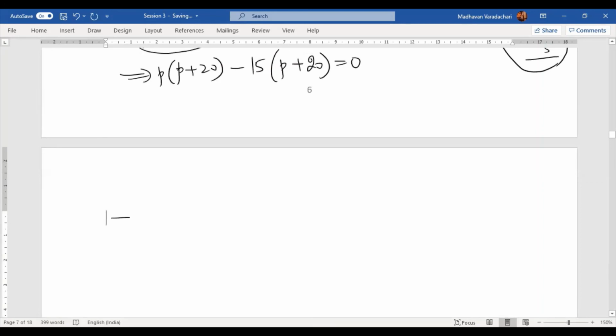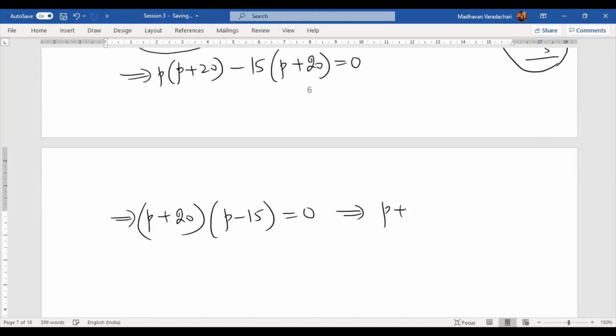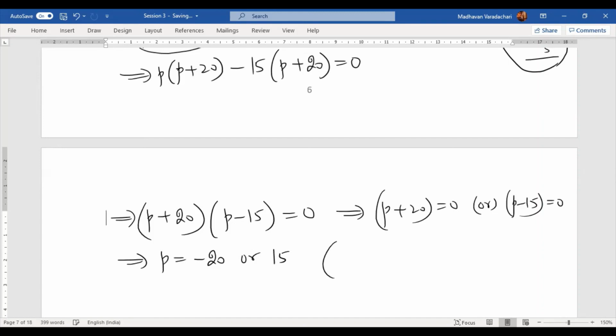So I will say p plus 20 times p minus 15 equal to 0, which means p plus 20 equal to 0 or p minus 15 equal to 0, which means p is negative 20 or positive 15. But p equal to negative 20 is not applicable.